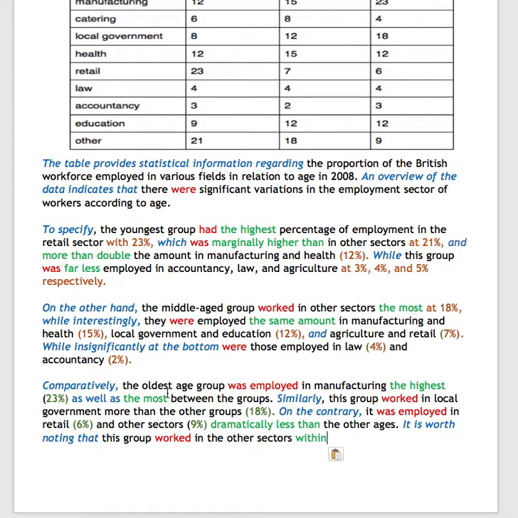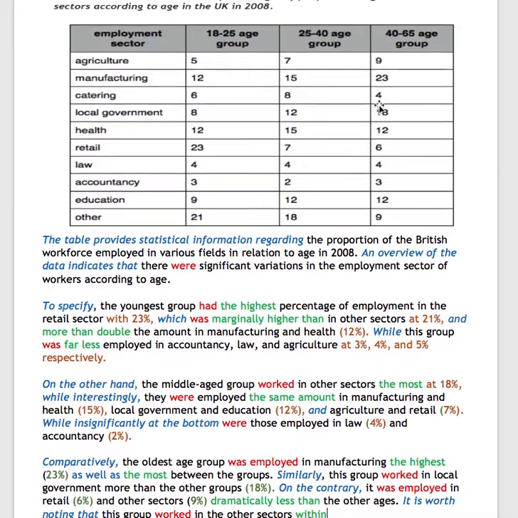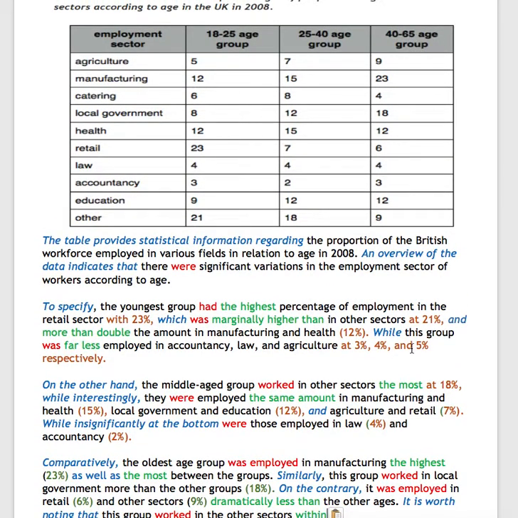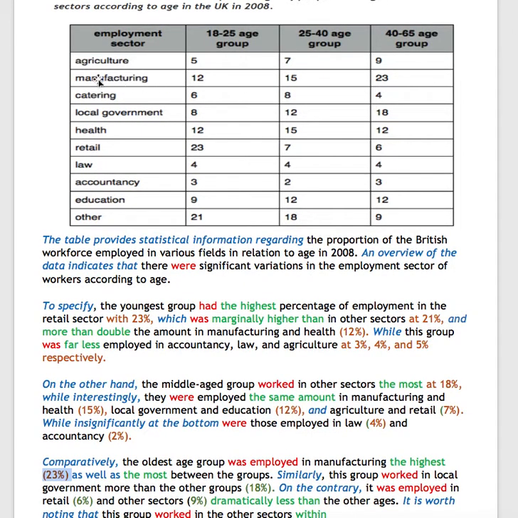Comparatively, the oldest age group, that's 40 to 65, the oldest of these 3, was employed in manufacturing the highest, 23%, as well as the most between the groups. So 23, the most between these groups, it says.